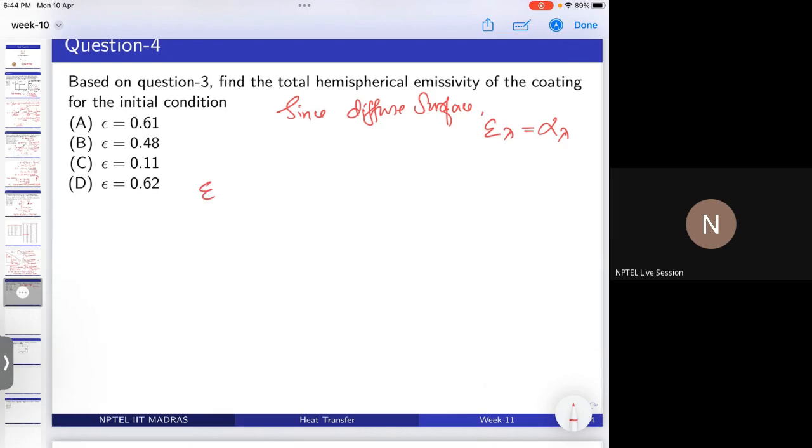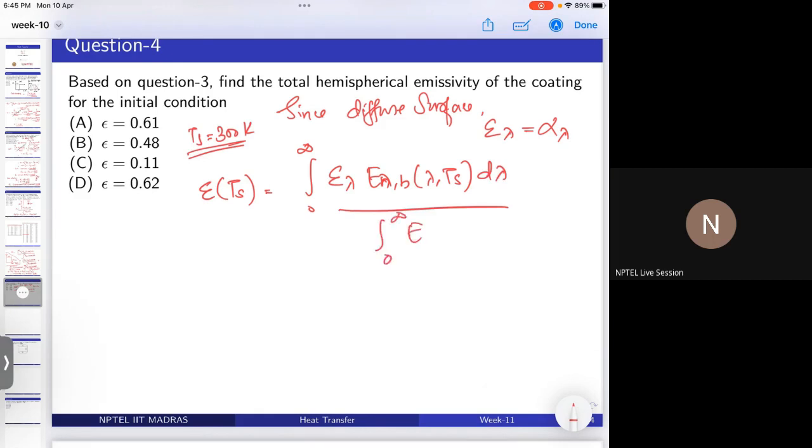Okay, so this is the key we have. So what is the emissivity of the sphere at Ts? It is the integral from 0 to infinity of epsilon lambda E lambda B at Ts d lambda, divided by the integral from 0 to infinity of E lambda B at Ts. Now we are calculating the emissive power of the ball, which is at its initial temperature Ts, equal to 300 Kelvin.